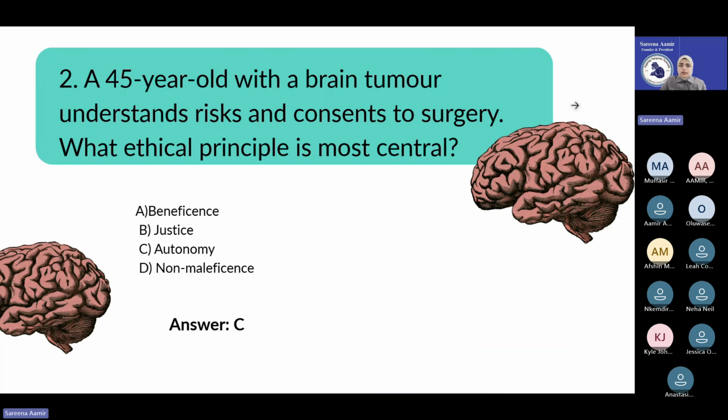So they definitely already have capacity, because they understand the risks that come with the surgery, and they also consent to it, which means they meet both requirements to consent to the surgery, and therefore this is C.